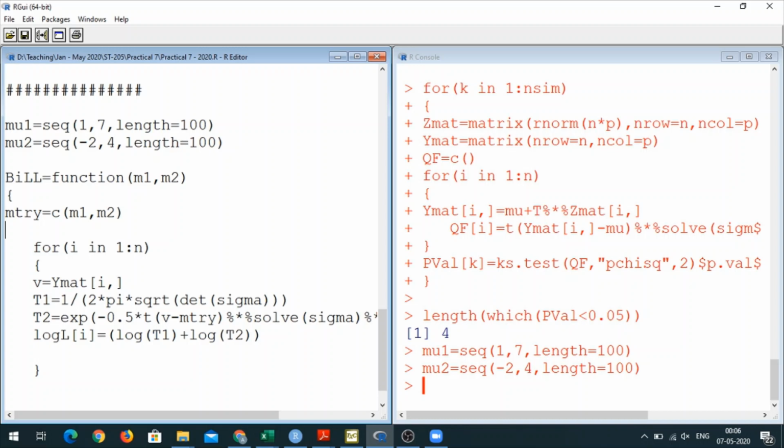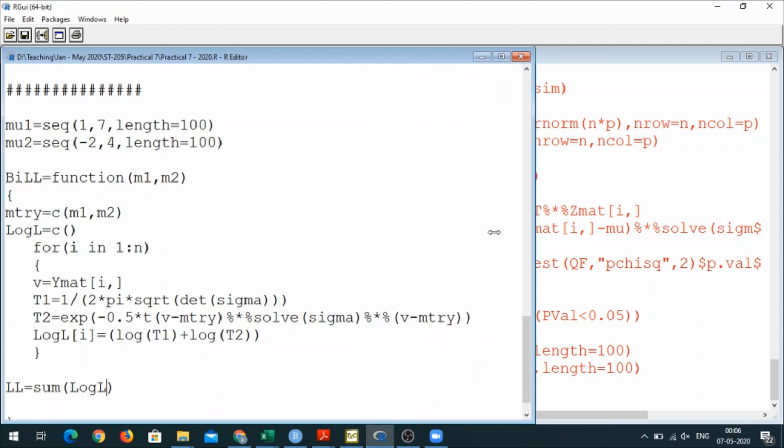So at the beginning I should define log L as a blank vector, and then the actual log likelihood that we need to return is the sum of log of PDF for each observation.